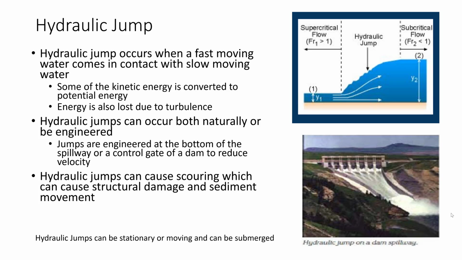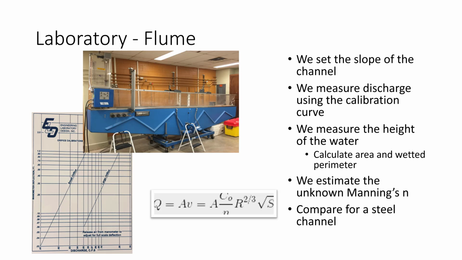Hydraulic jumps, of course, can be stationary, they can be moving, and they can also occur under submerged conditions. So there are a variety of times when hydraulic jumps happen, and of course, sometimes, as engineers, we would like to control these hydraulic jumps to make sure that they don't cause damage and they work to our advantage in terms of reducing our flow velocities.